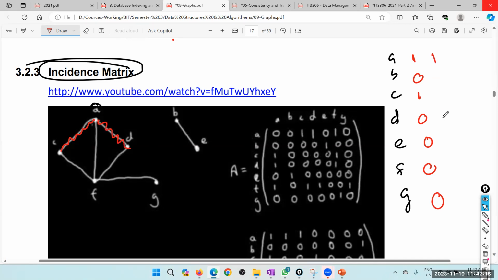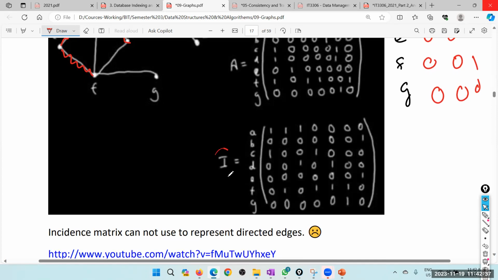You can go in any order. Order is not important. Then mark CF: C is 1, F is 1, all the others are 0. And likewise, then you can have FD, FG, and so on. And in every column of this incidence matrix you have a maximum of 2 ones. That is your edge. You can't have more than 2 ones.